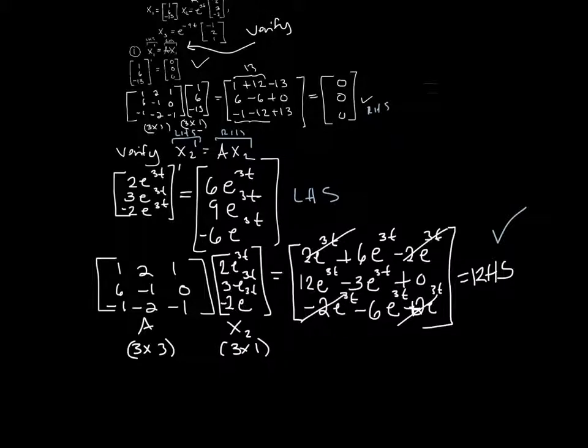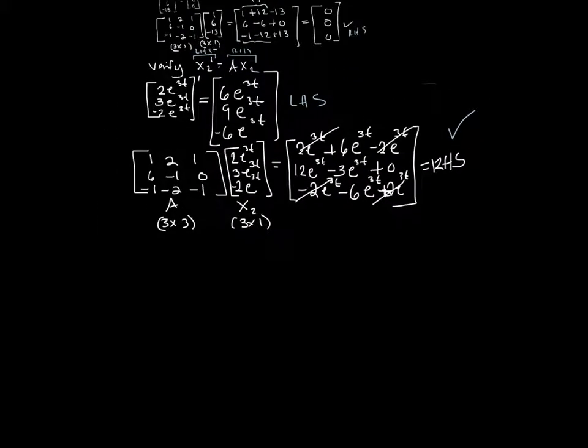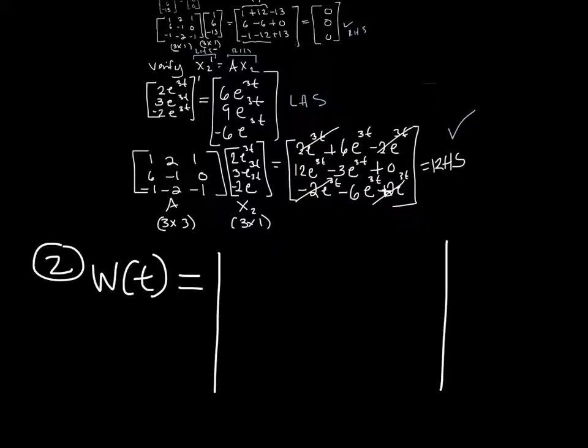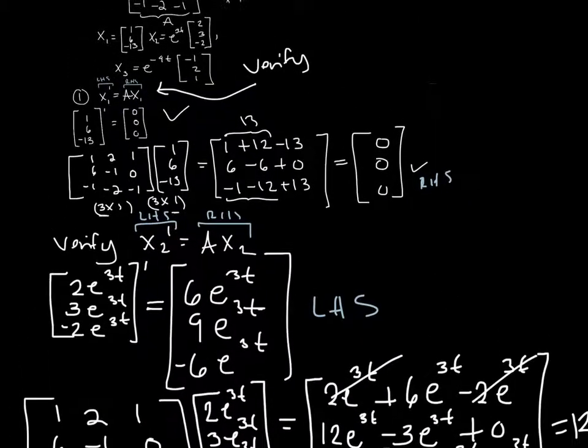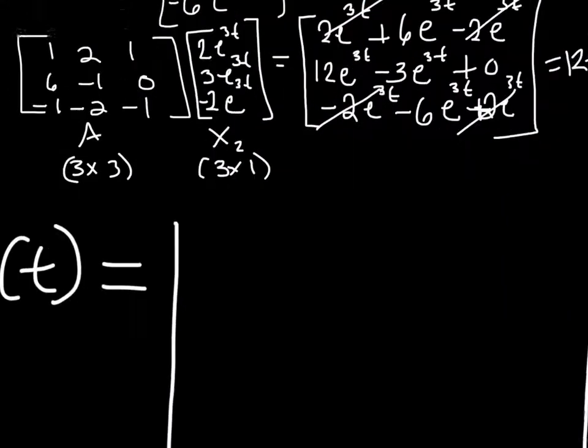Okay, so the second part is let's find the Wronskian of the matrix. The goal is to show that the Wronskian is non-zero in order to prove that these solutions are linearly independent. So we have W of t, which is going to be our 3 by 3, and our solutions are going to be 1, 6, negative 13.